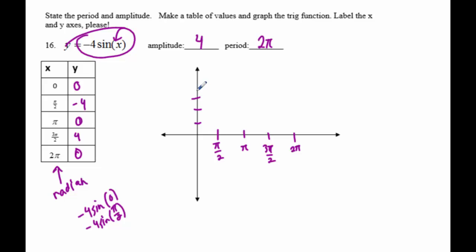So 1, 2, 3, 4. 1, 2, 3, 4. And then I'm going to plot these points. So 0, 0. Pi over 2, -4. Pi, 0. 3 pi over 2, 4. 2 pi, 0. And then connect this in a curvy fashion.